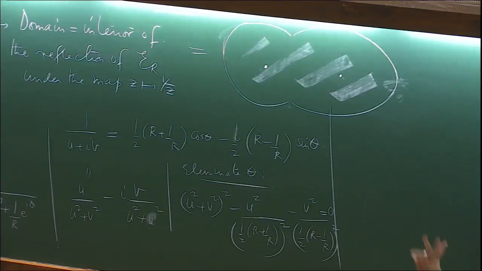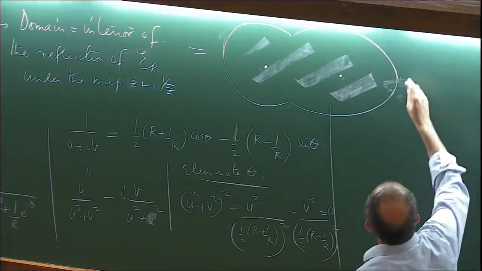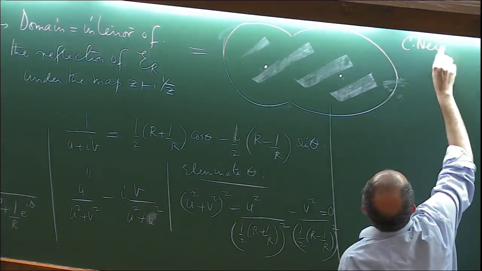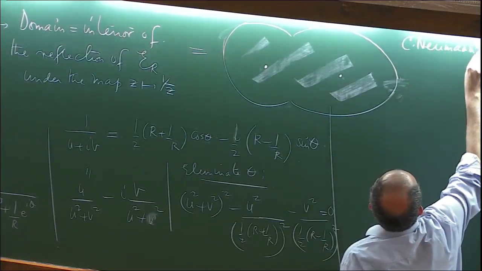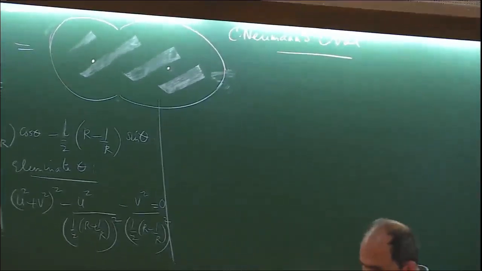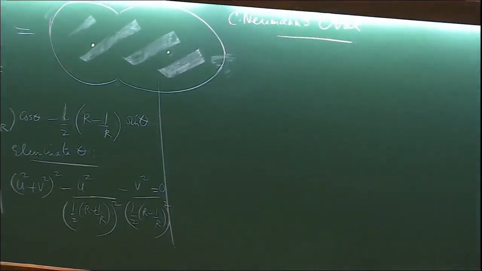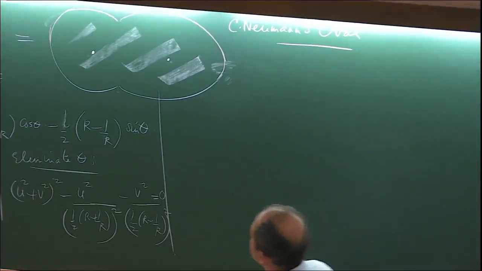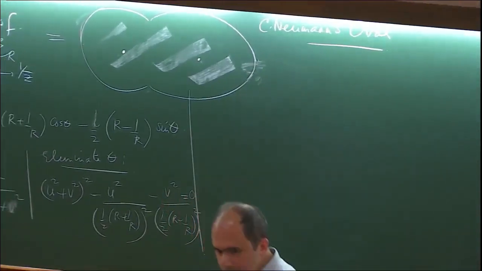So let me not mislead anybody. There are 2 nodes, and just from a historical perspective, this is in the literature also called Neumann's oval, degree 4 curve with singularity. This is also a quadrature domain.